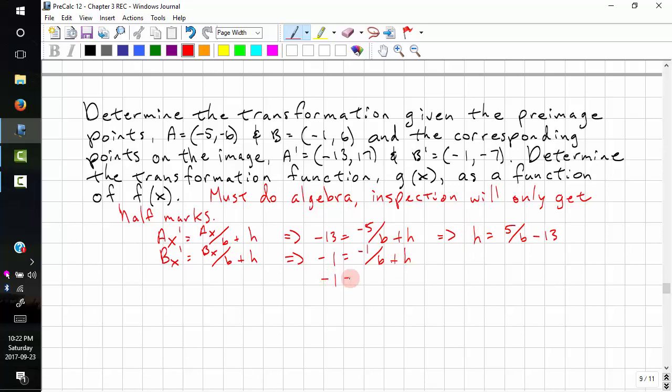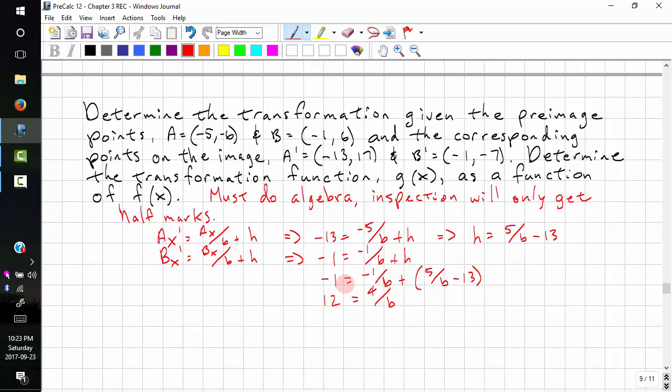So we have -1 equals -1 over b plus 5 over b minus 13. Now we're going to solve for b. So -1 plus 5 is 4 over b. Bring the 13 over to the other side, it becomes positive 13. 13 minus 1 is 12.